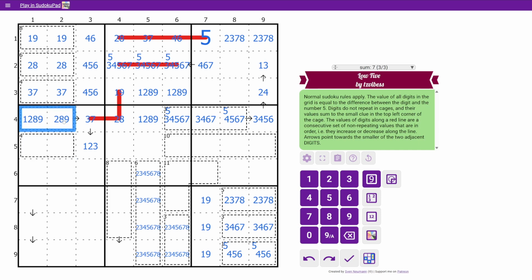This was going to be a 4 and a 3. So it can be 9, 8 with the 2, 9, 8 or 2, 1 or 2, 1 or 8.